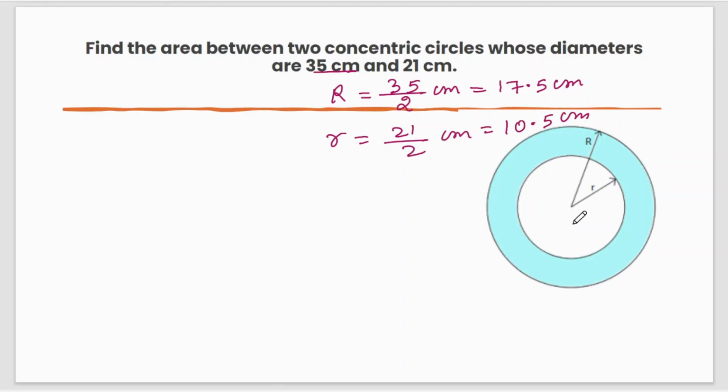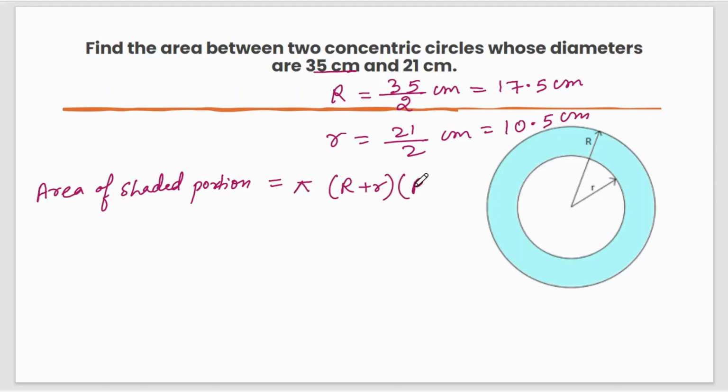Now in a similar way that we calculated before, area of shaded portion equals pi (R plus r) and (R minus r). What is capital R? It is 17.5. Small r is 10.5.